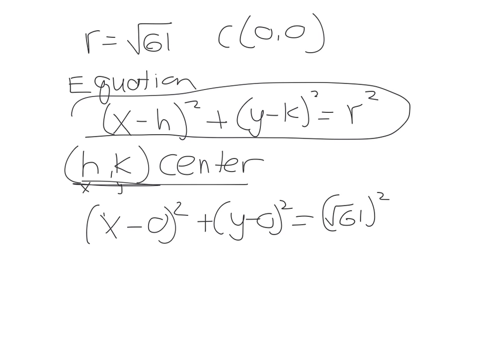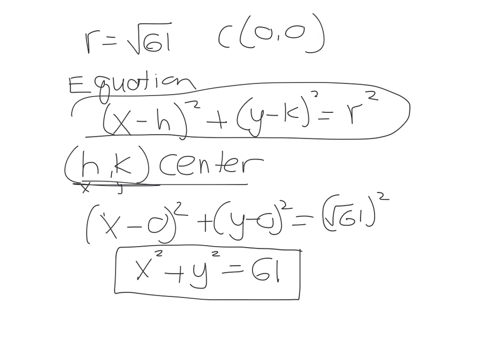Let's simplify this. When it's x minus 0, it's just going to be x squared plus y squared, and radical 61 squared is 61. So for that circle that had the center 0, 0 and the radius radical 61, this would be the equation.